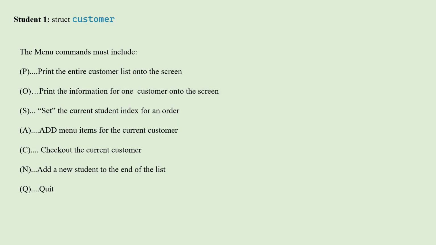All right, so let's go over the menu options for the customer. It's going to be the same. You print the entire list onto the screen. You're going to be able to print the information for one customer based on the index. If you want to add menu items the same way we were doing, and check out, you're obviously going to have to set which customer and use the index for that.